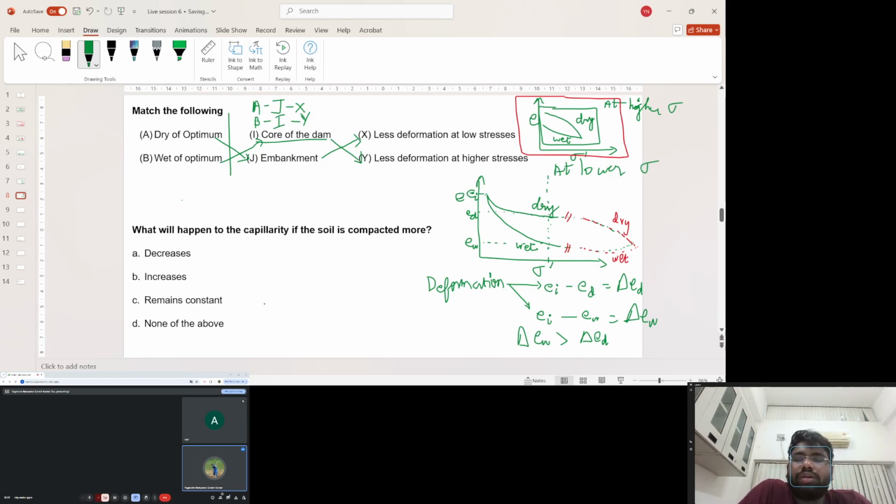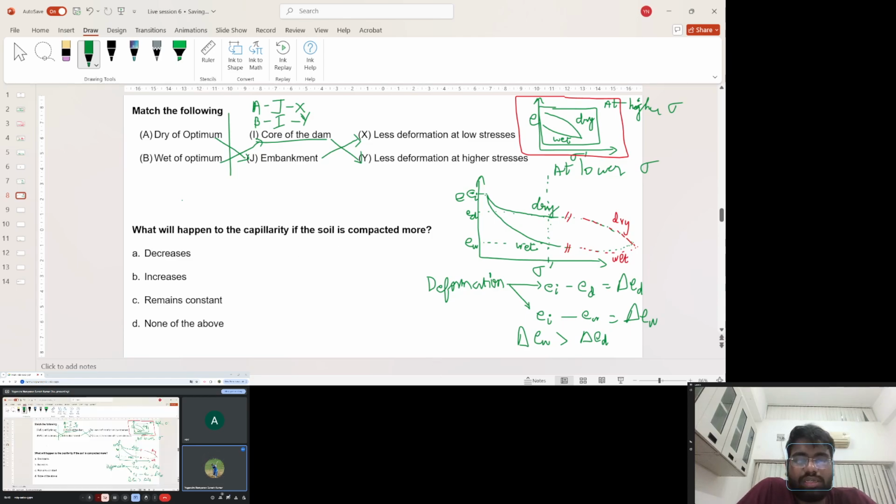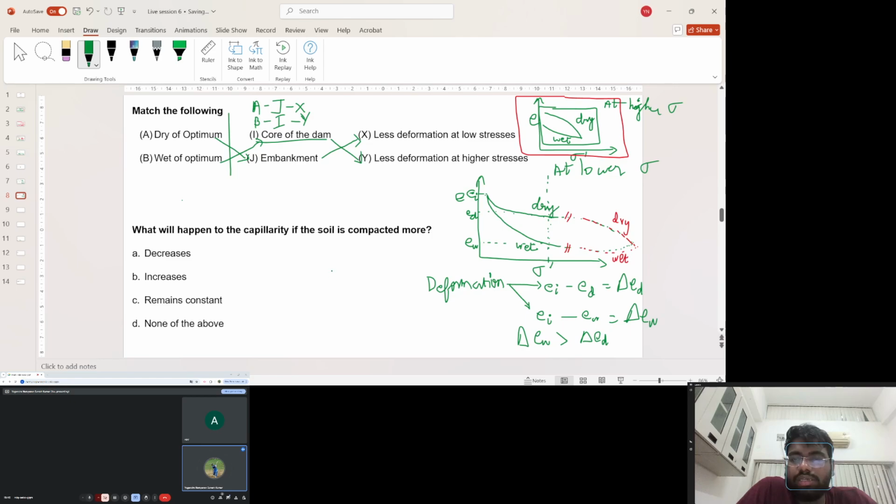Initially from some lesser density to gamma d max. In that case, what happens? It increases. Why is it increasing? Because voids are reducing, the void ratio is decreasing. We know that Hc is inversely dependent on e times d10, so since e is decreasing, Hc tends to increase. That is how this is done, right?